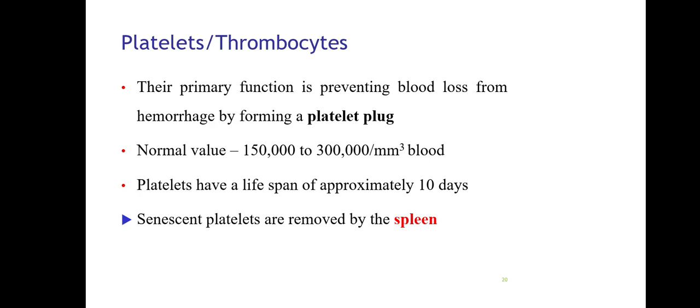The normal value is about 150,000 to 300,000 per cubic millimeter of blood. What we mean is, in 1 cubic millimeter of blood, you need to find 150,000 platelets.